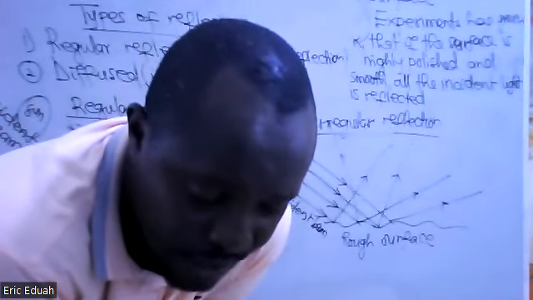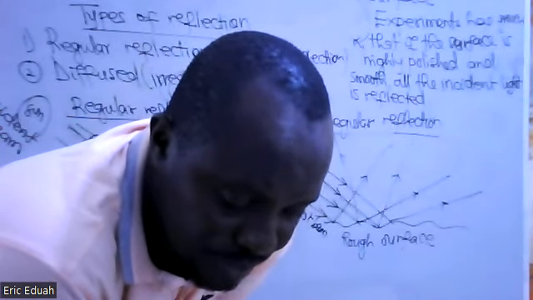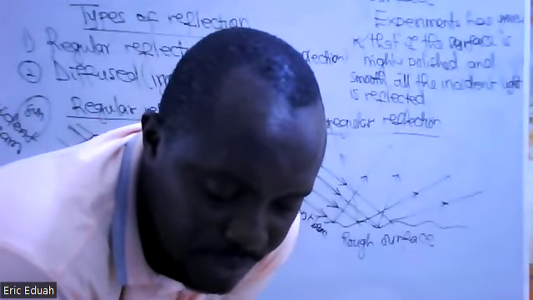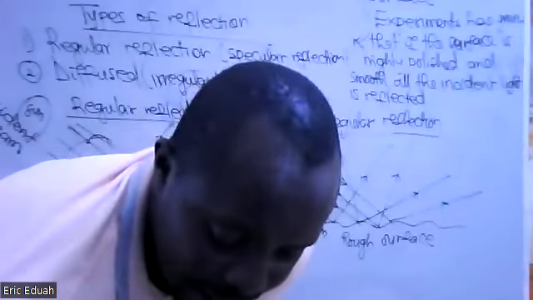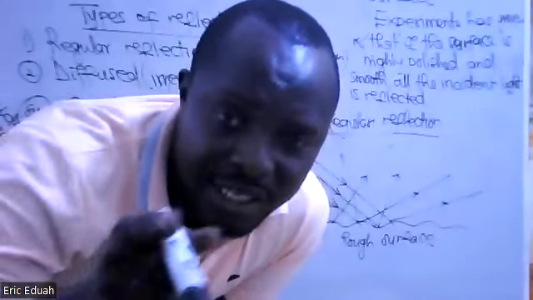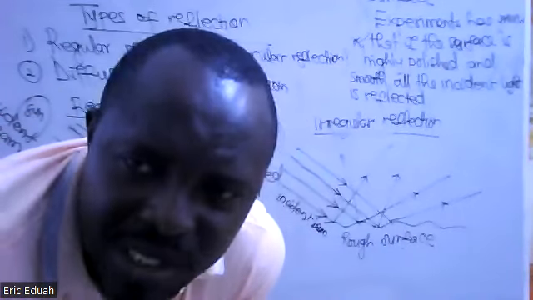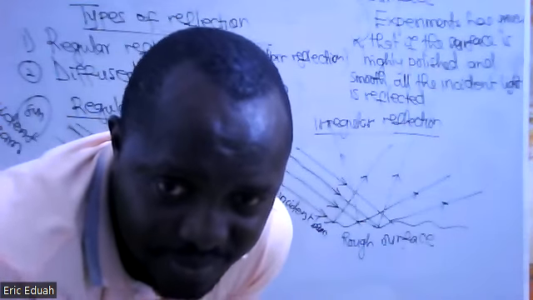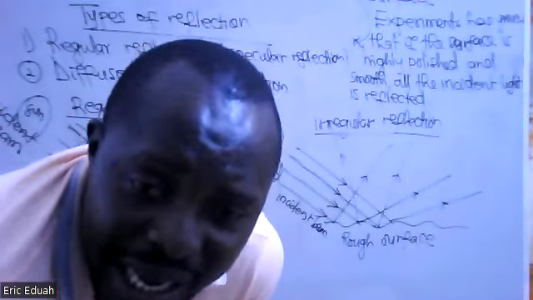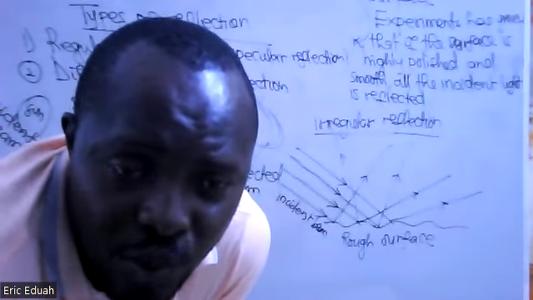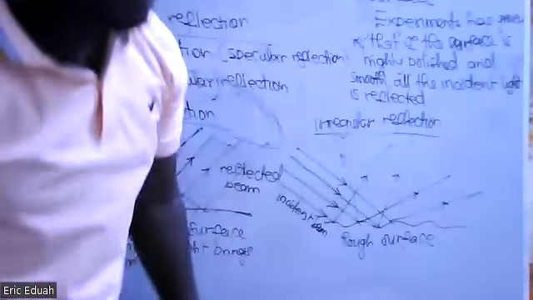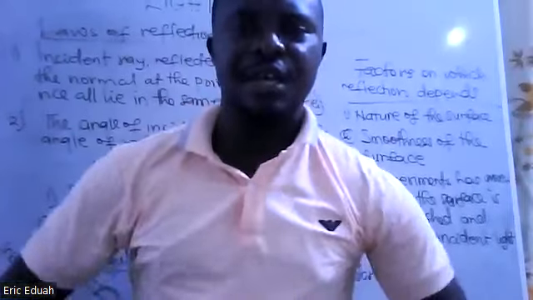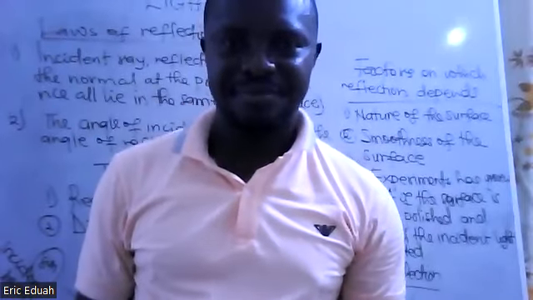Are we okay? Another advantage of irregular reflection is that it brings about even distribution of the heat energy from the sun. So light energy is evenly distributed as well as heat energy from the sun. These are the two main advantages of irregular reflection.